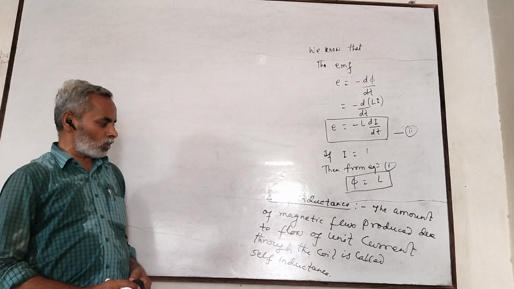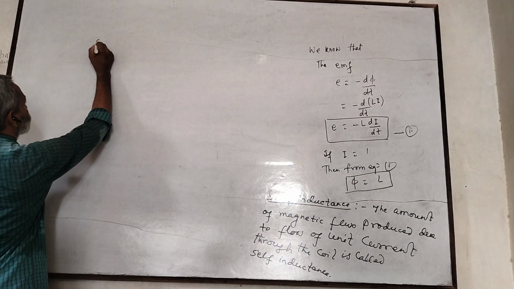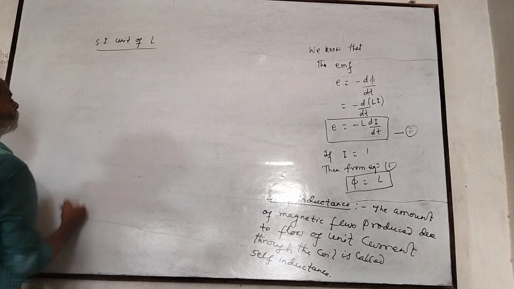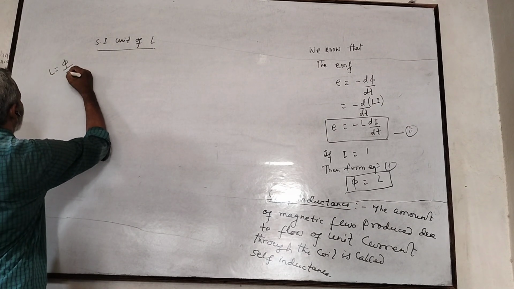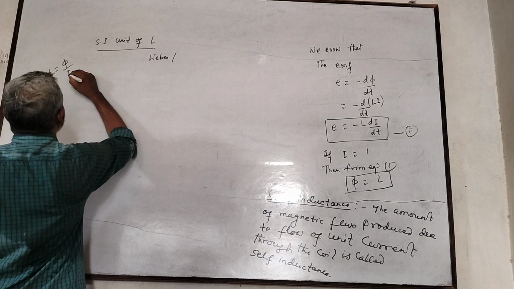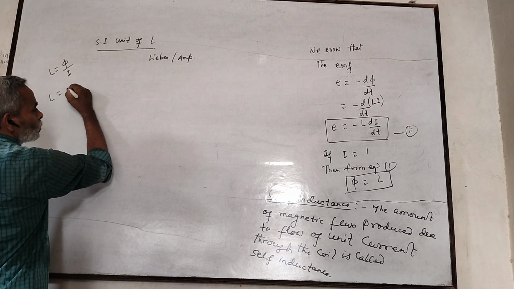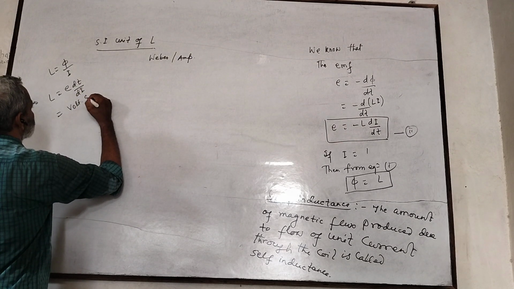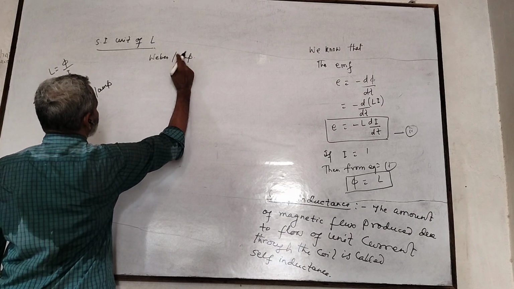SI unit of self-inductance L equals phi by I, weber per ampere, or L equals E dt by di, volt second per ampere.